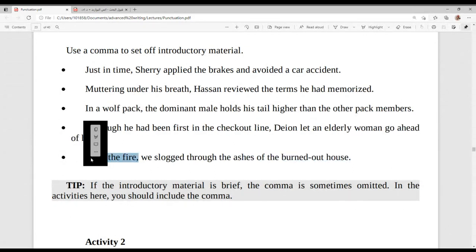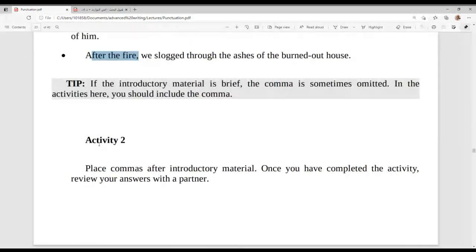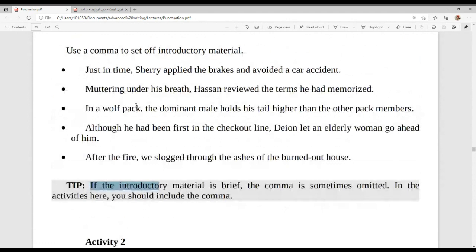Okay. Now this is an activity here. Place commas. Look here. If the introductory material is brief, the comma is sometimes omitted. In the activities here, you should include the commas.